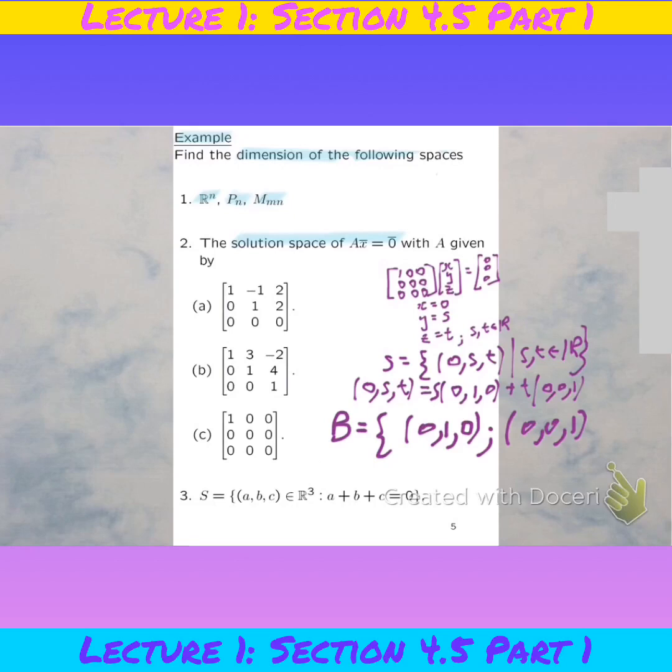Now, first of all, does B span S? In other words, can I write the vector in S as a linear combination of the vectors in B? And the answer is yes.